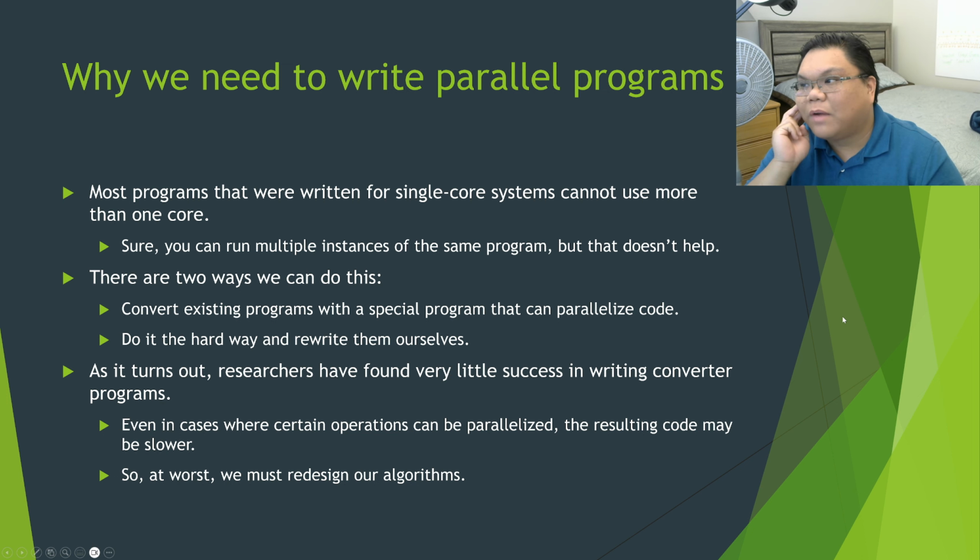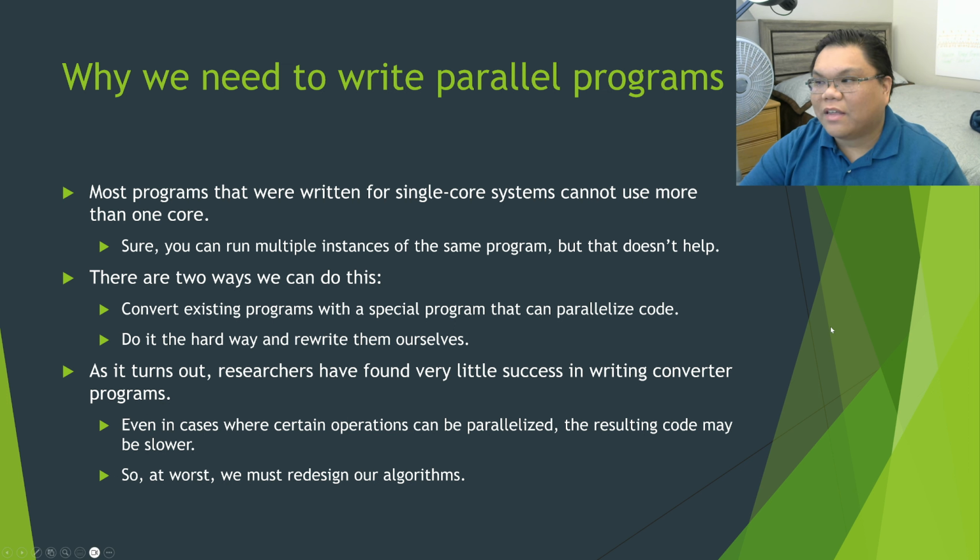So why do we need to write parallel programs? Most programs that were written for single-core systems cannot use more than one core. Yeah, you can run multiple instances of the same program, but that doesn't help. SimCity, one of my top favorite games of all time, is single-core.